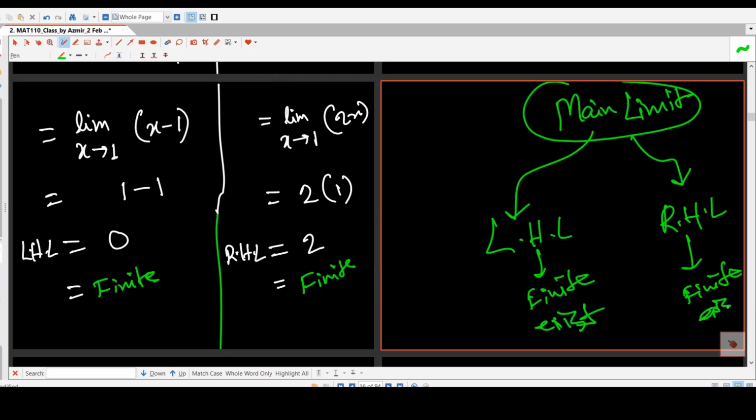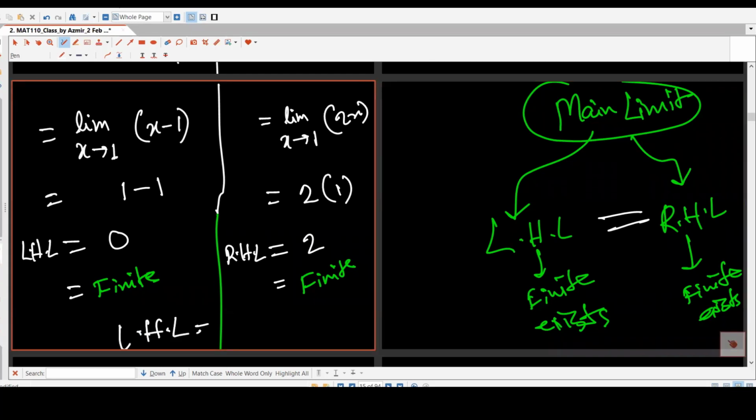This one also exists. But the main limit will only exist if and only if this left-hand limit and right-hand limit are equal. We can see that the left-hand limit is 0 and the right-hand limit is 2. So we can say that the left-hand limit does not equal the right-hand limit.